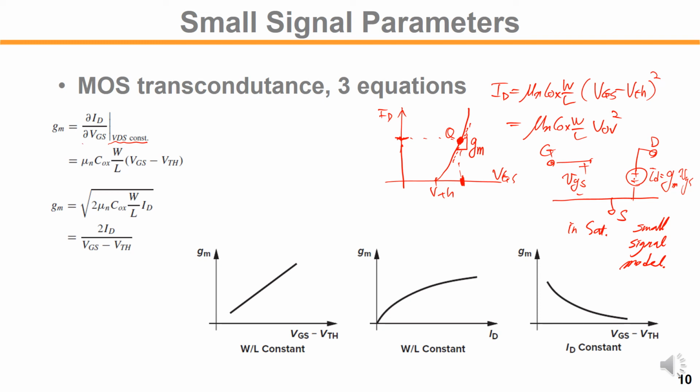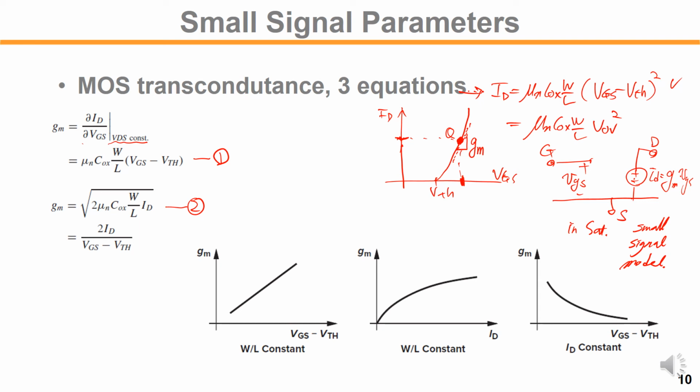Then the first equation for GM comes directly from the square law model, and that gives us mu n cox W over L times VGS minus VTH. This is the first equation for representing GM. Based on this first equation, the second equation can also be derived from the original square law model.